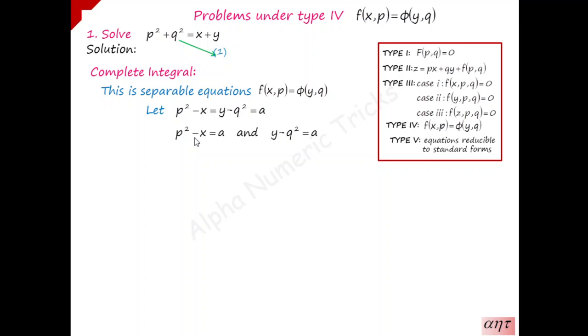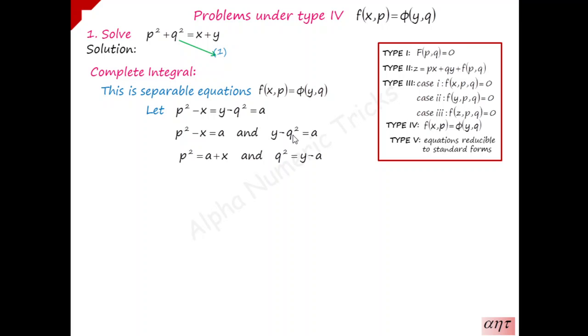Keeping p on one side and the other variables on the right hand side, from this equation p squared is equal to a plus x, as minus x is taken to the right hand side and becomes plus x.